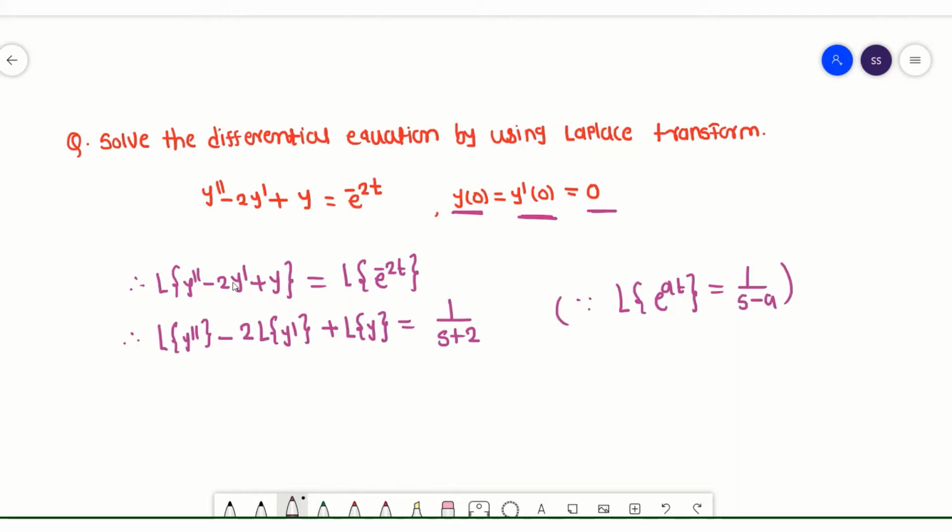Now we wanted to find Laplace of y double dash and y dash. So let me recall some formulas.